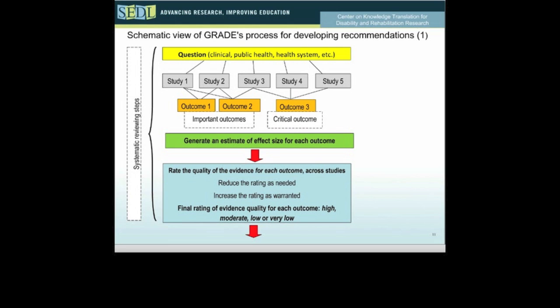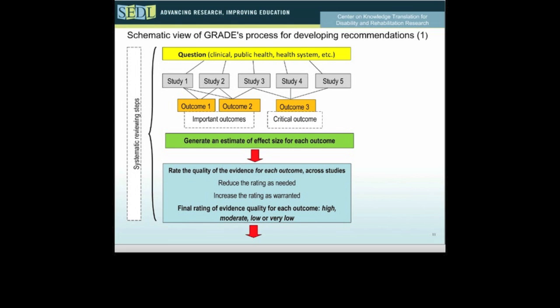Next step, we go to the blue box, is rate the quality of the evidence for each outcome across studies. So now we tie together the effect size with the quality of the underlying evidence.